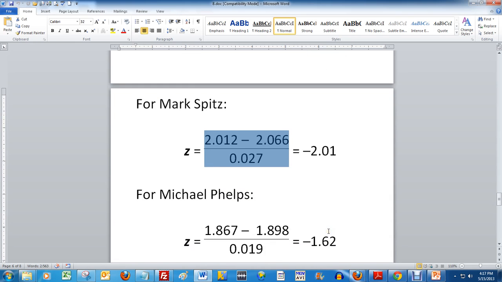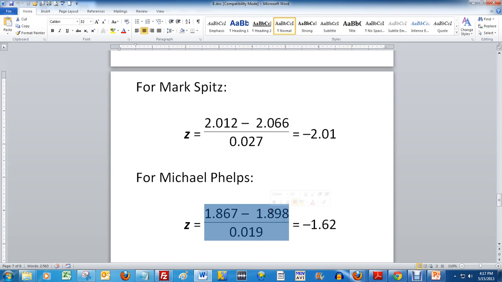A similar computation for Phelps using the average and standard deviation from the 2008 round shows that Phelps's time of 1.867 was only 1.62 standard deviations below average. So they're both below average, obviously, because they both won their rounds. But Spitz, from a comparative standpoint, is more below average because he's a further standard deviation measure away.